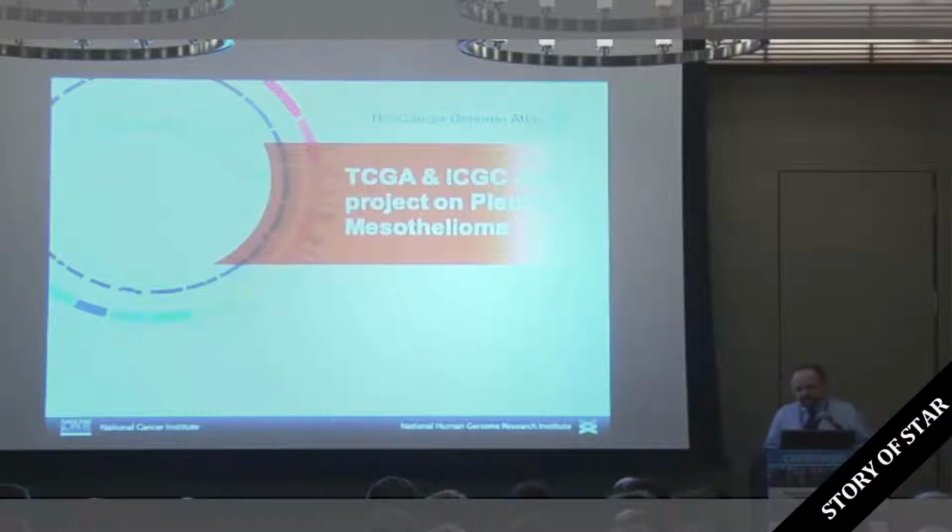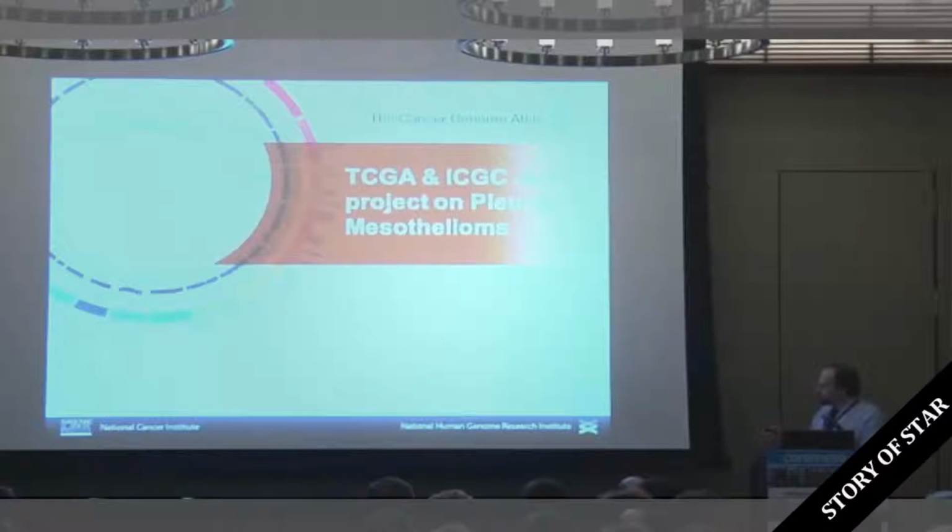So with that little intro to this last part, I just want to tell you about this project that's getting underway that harnesses these new sequencing technologies, and that's the TCGA and ICGC joint project on pleural mesothelioma.